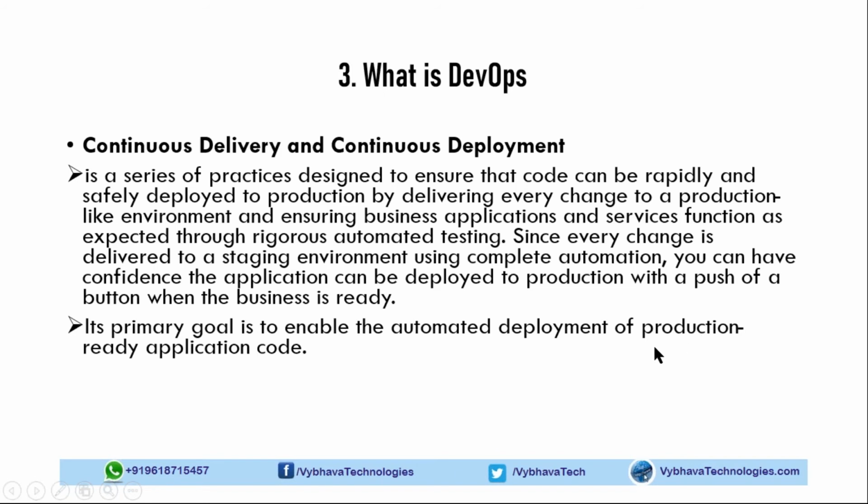Step by step: first development, then testing, integration testing, acceptance testing, everything is done. Then you go for the delivery of your continuous process, where the live environment is ready to accept your changes, whether a new feature or immediate fixes, which we call hot fixes. Hot fixes are emergency things required for live or production systems.